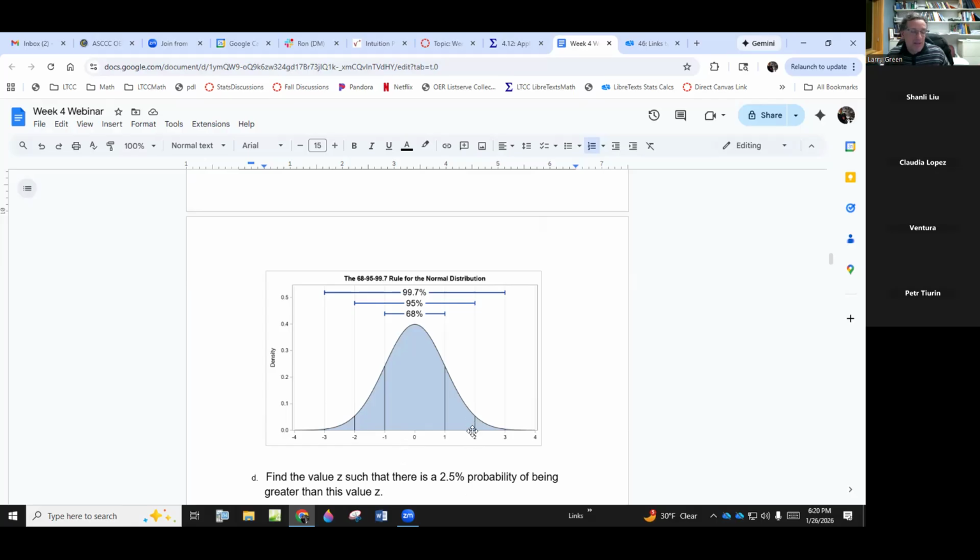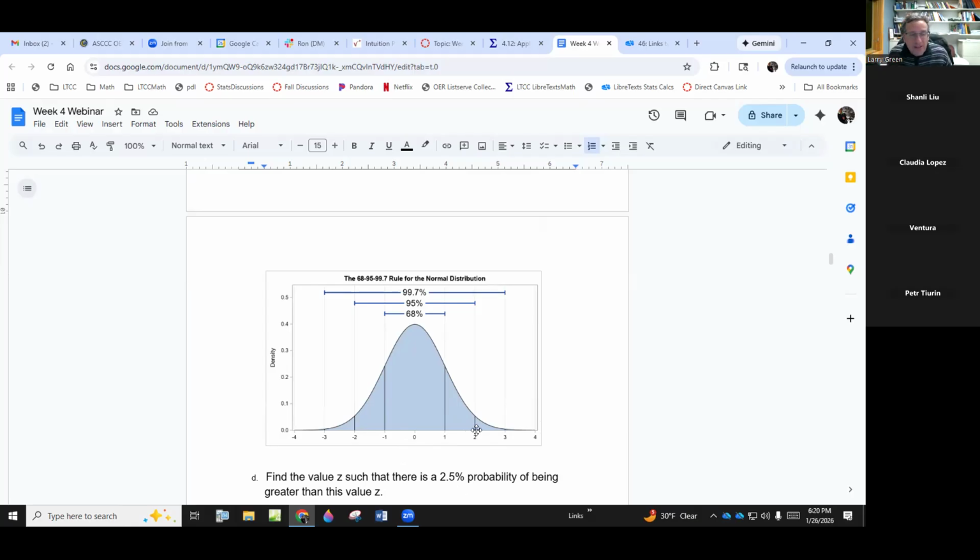So, same idea. Somewhere in here, we're going to have a value of z. We don't know exactly. It could be here, here, here, here. And there's a 2.5% probability of being bigger than that value. Now, again, symmetry happens a lot in this stuff.